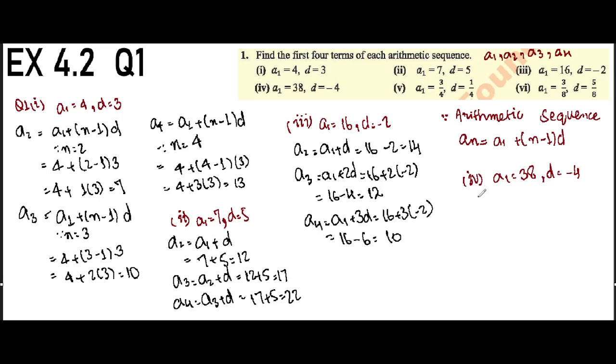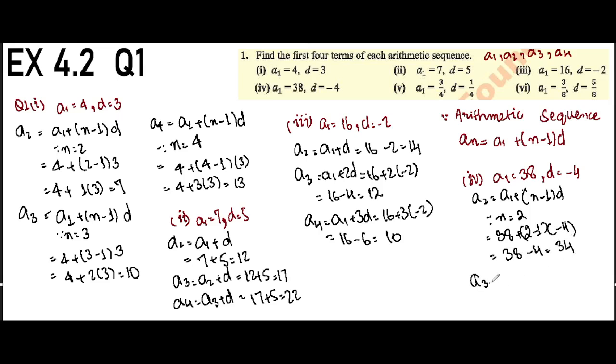So we have A2 equals A1 plus n minus 1 into D. Value of n over here is 2. So it is equal to A1 is 38 plus n is 2 minus 1, which is 1, into D is minus 4. So it is equal to 38 minus 4, which is equal to 34.